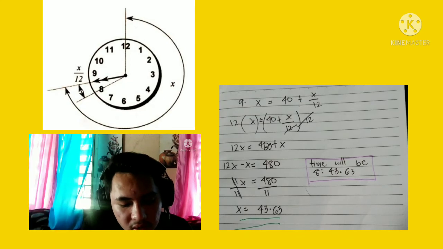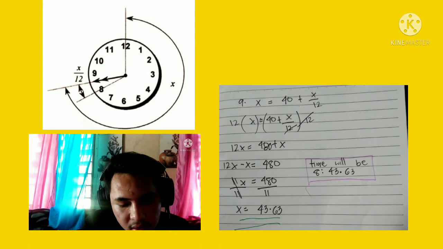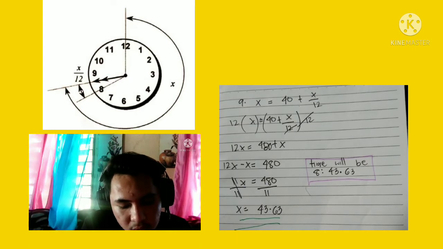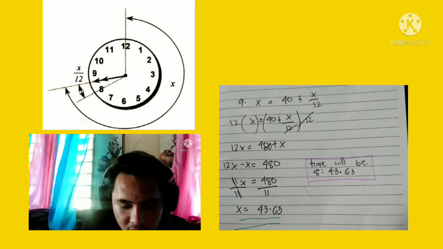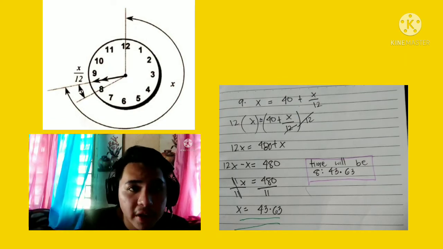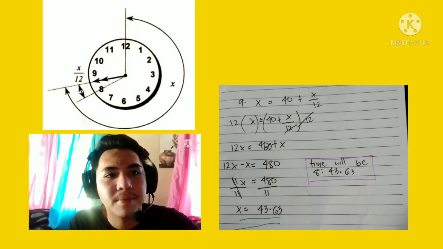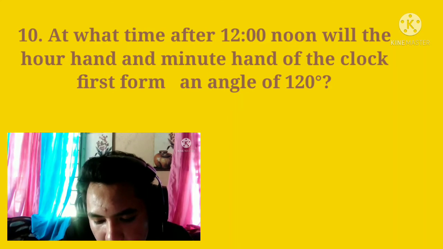So 11x equals 480. Divide both sides by 11, and we will get x equals 43.63. So the time will be 8:43.63.